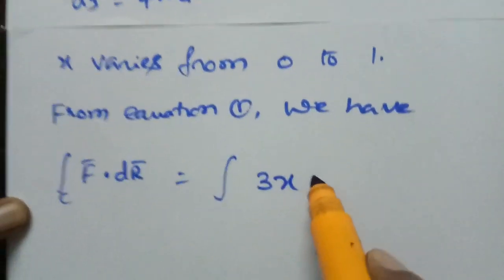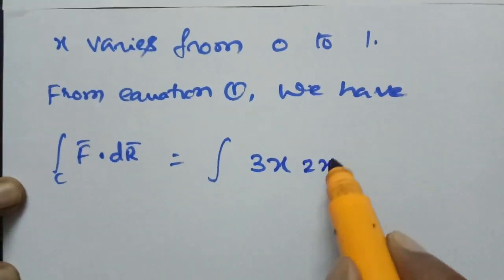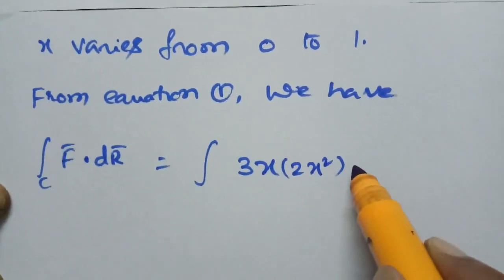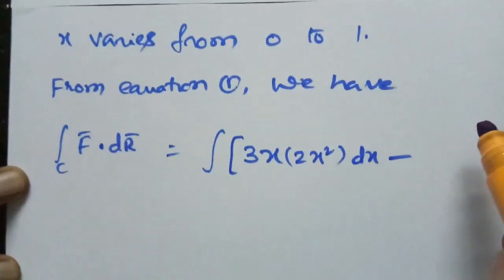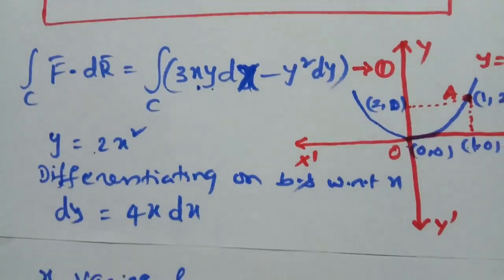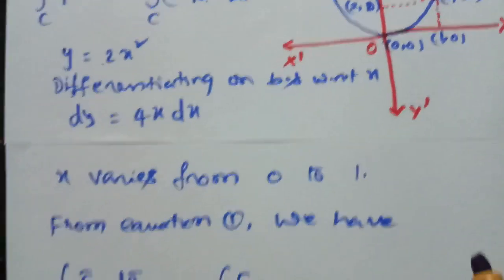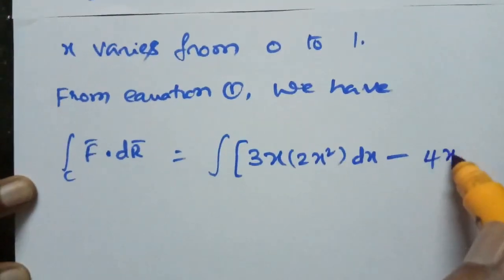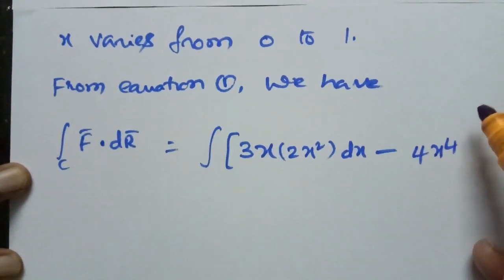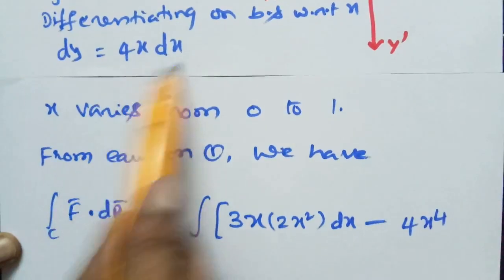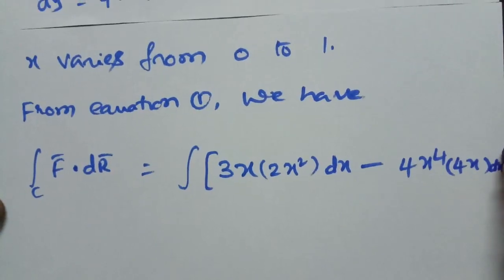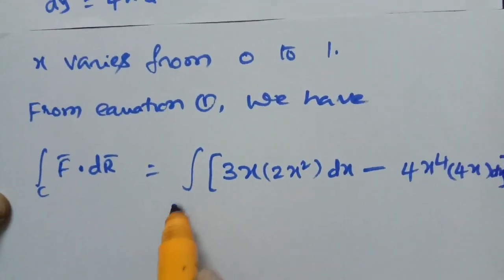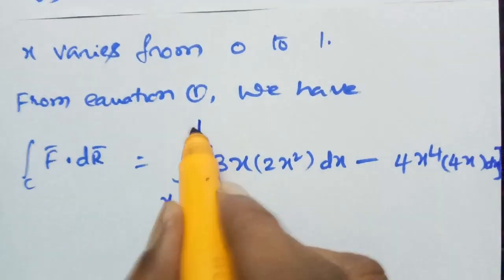We are changing y in terms of x, that is 2x square, into dx, minus y square, that is 2x square whole square, that means 4x to the power of 4, into dy. dy is equal to 4x dx. Therefore, x varies from 0 to 1.